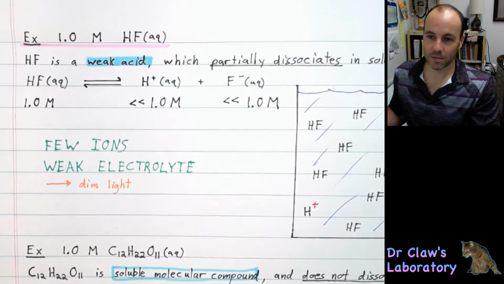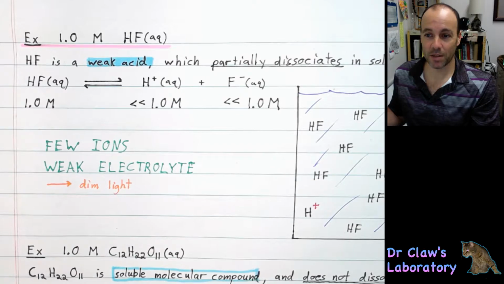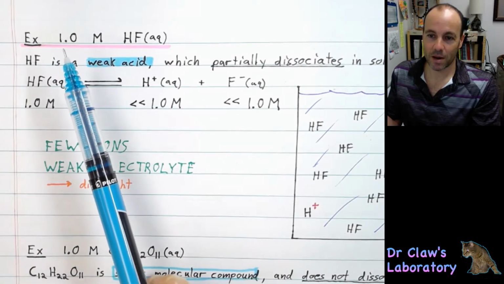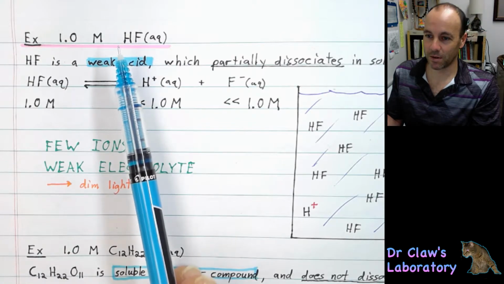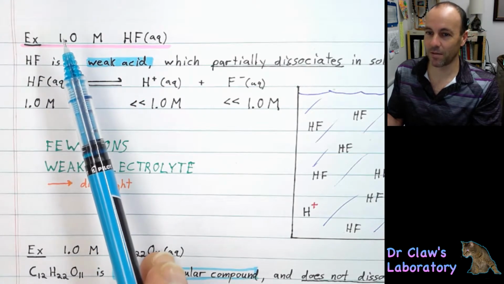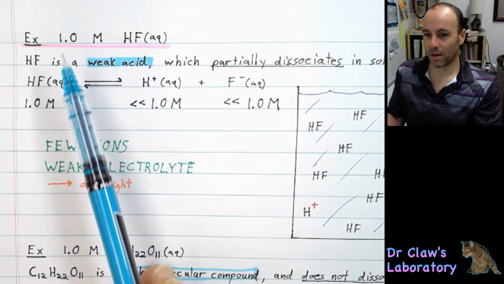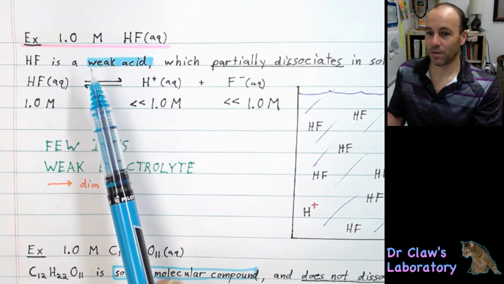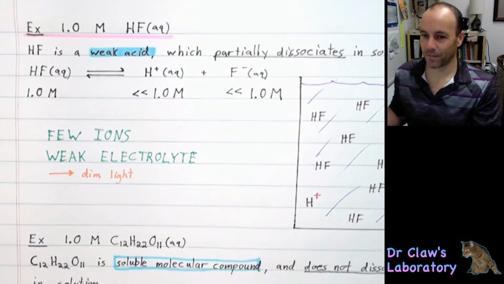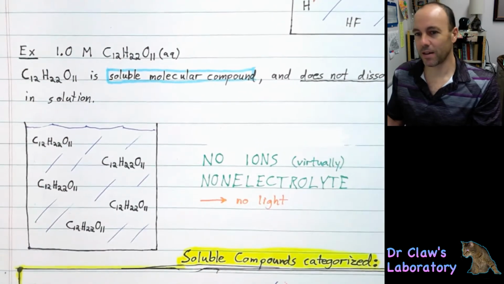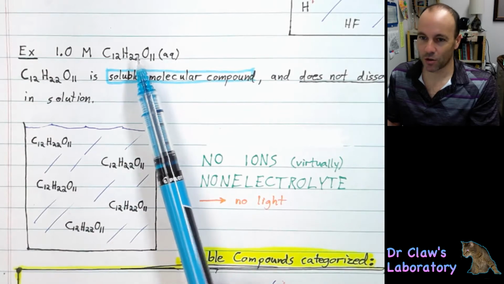And if you wanted to make that light bulb even dimmer, you might try 0.1 molarity hydrofluoric acid, or 0.01. So you can have an even weaker electrolyte just by cutting down the concentration. And finally, let's examine that sugar water again.